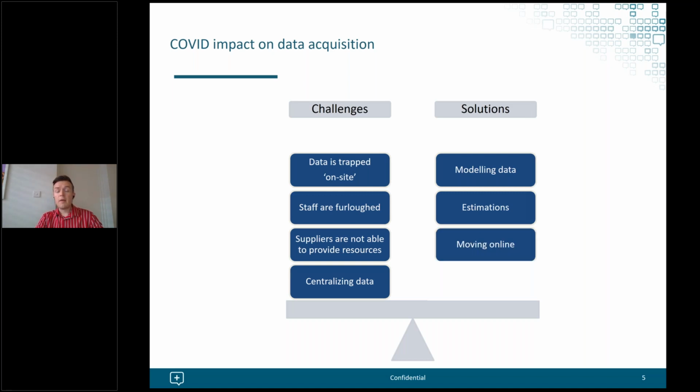And then more broadly thinking about future-proofing, what we've seen is organizations moving their systems and processes online. This applies more broadly than just environmental reporting, but for many operations, they may have had loose cultural processes based on being in the same office or location.